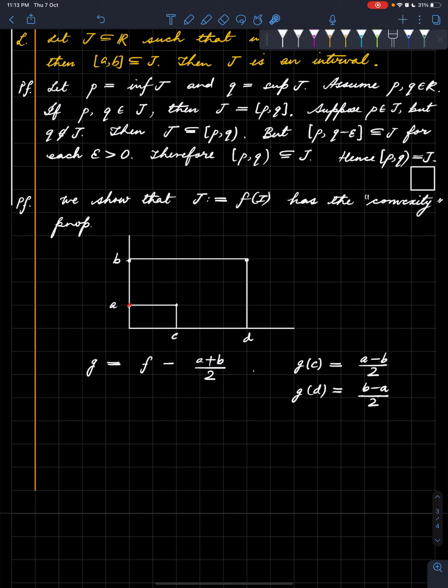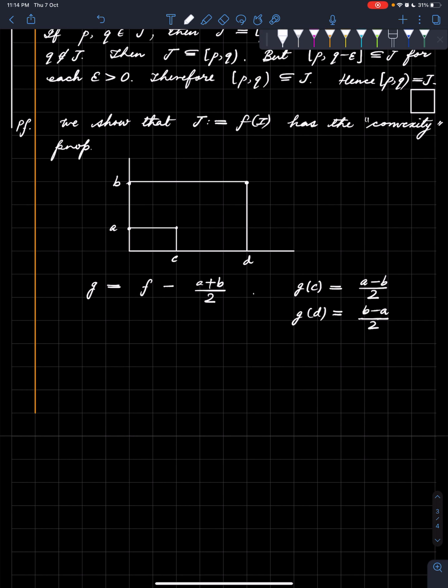If f achieves a and f achieves b, then it achieves all the intermediate values, and therefore J indeed has the convexity property.